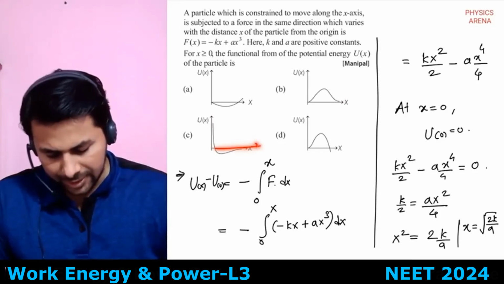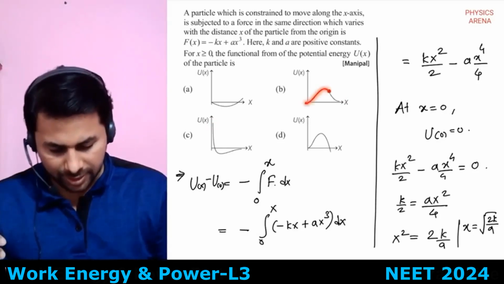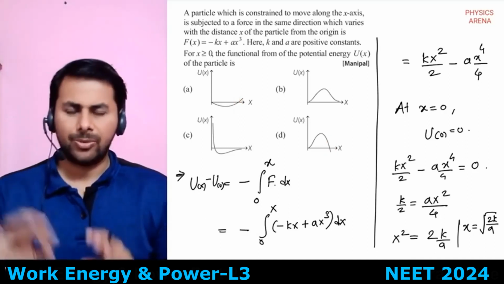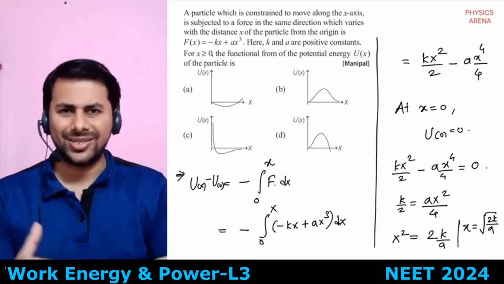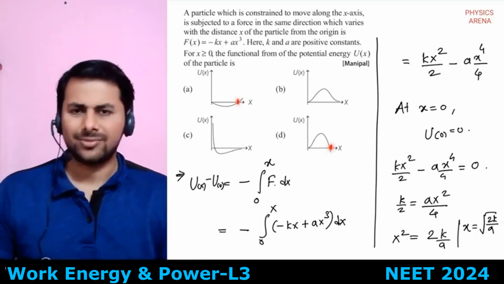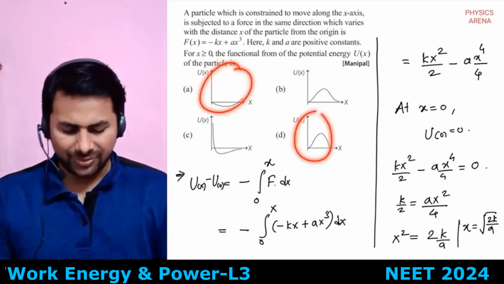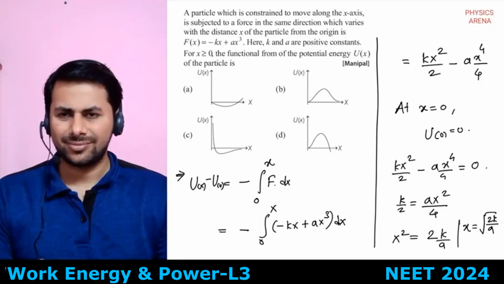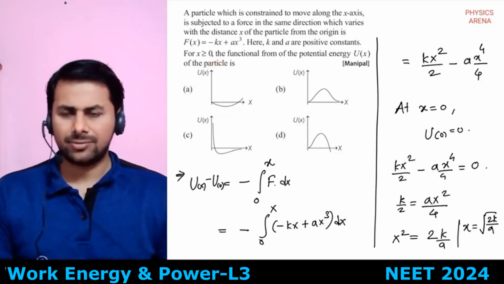See, as x increases, the potential energy never reaches 0 there. In this graph and in this graph, the potential energy curve is cutting the x-axis. So it is either this one or this one. Got it up to this point? Now how to check whether it will be this one or this one?